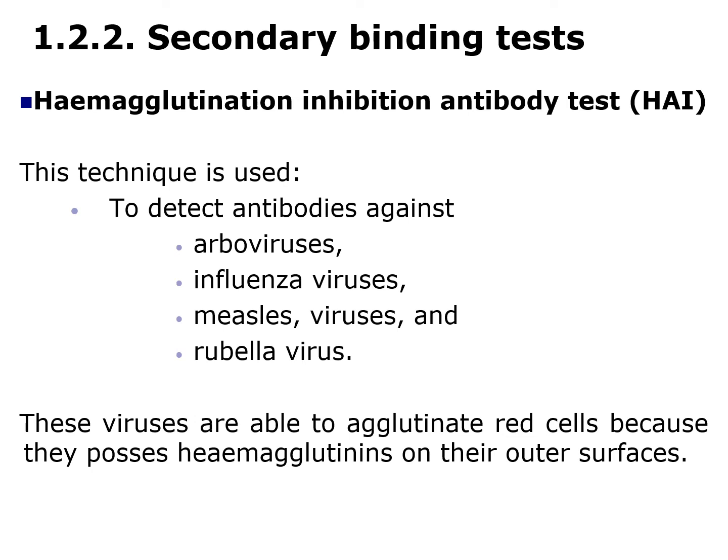Right, next, the hemagglutination inhibition antibody test or HAI. As I mentioned, this is a passive test because we make use of red blood cells to carry the antigen. So this is used to detect viruses, especially arboviruses, influenza viruses, measles, and rubella viruses.